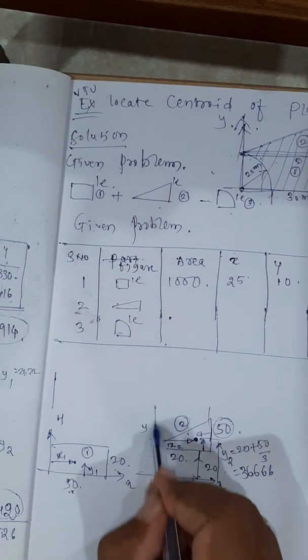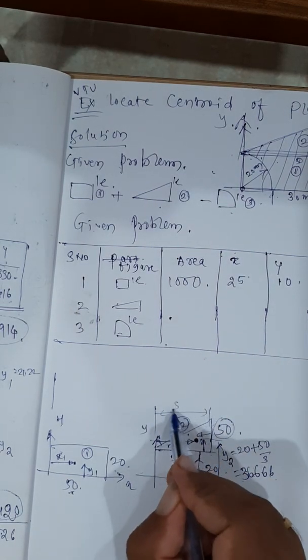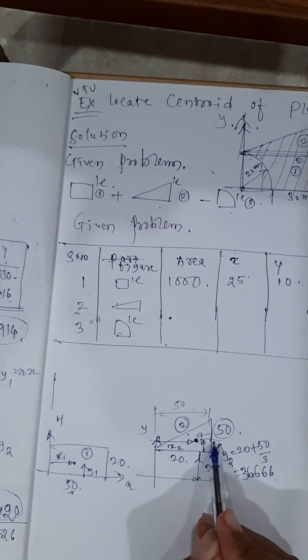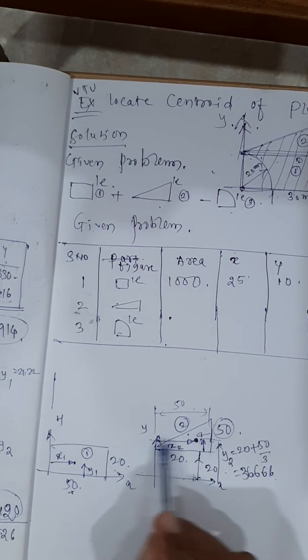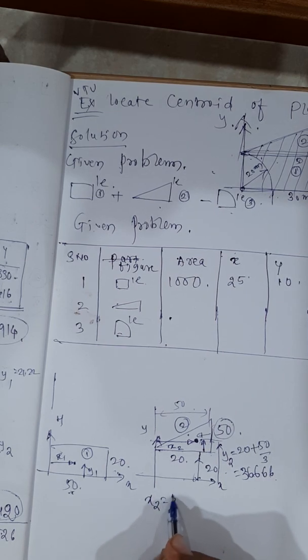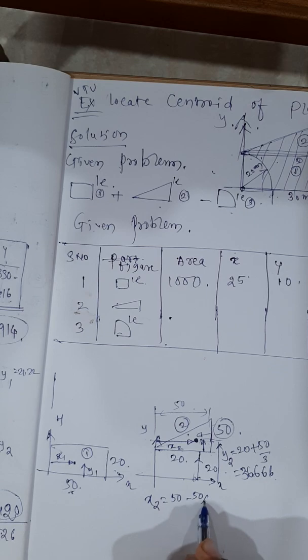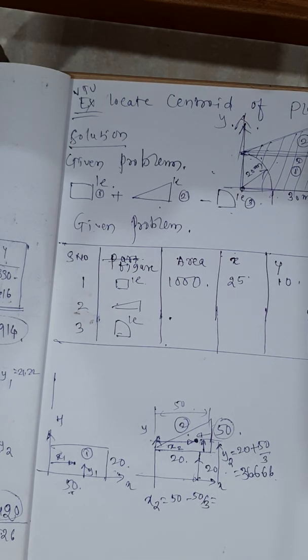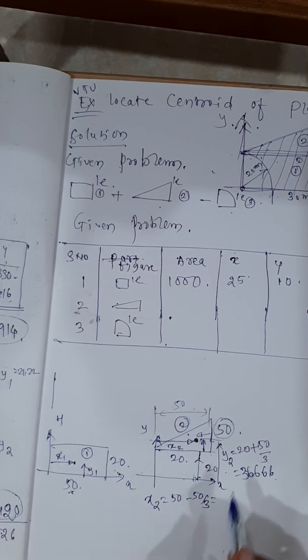This length is 50, right? But I want it from here. Therefore, what is the value of x2? x2 is equal to 50 minus 50 by 3, which is 50 minus 50 divided by 3, equal to 33.33.